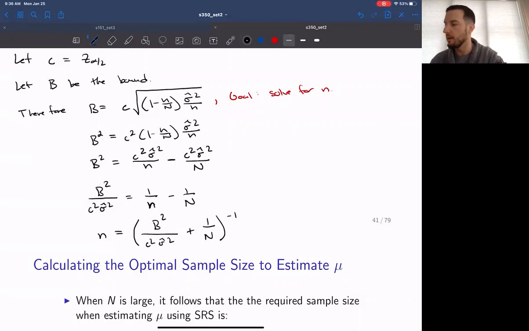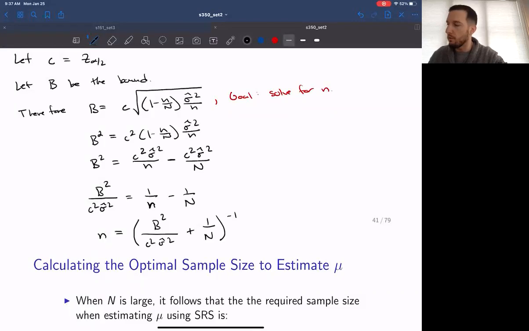And in fact, what you can see here is if capital N is really large, so if we're dealing with a population where 1 over capital N is only going to add, say, 1.0 times e to the negative 5 or e to the negative 6 to the sample size approximation, you probably don't really need to deal with it, or you can ignore it, because at the end of the day, once we have actually computed the value of little n directly from the formula, we always tend to round up anyways, because we want to collect the sample size that's going to make sure that we achieve our goal.